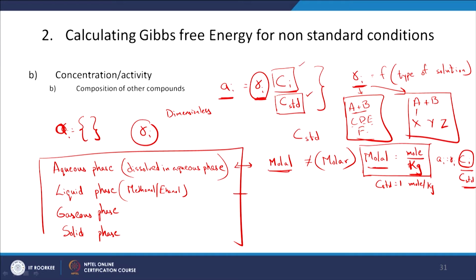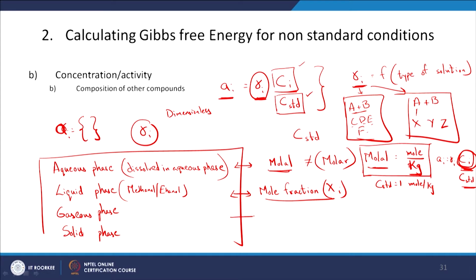Moving on to the liquid phase, we have a term called mole fraction, the fraction of moles of your compound to the total number of moles. So mole fraction is the relevant unit that you are going to look at here.